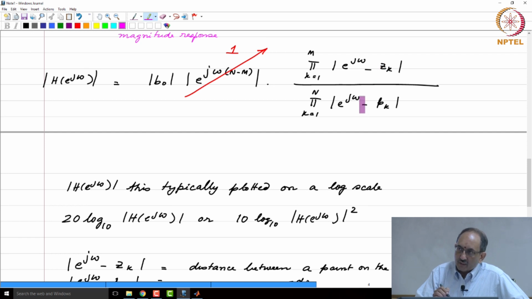Similarly, for the same point on the unit circle, find the distances to each and every pole, and you take the product of all such distances, and the ratio of these two numbers is the magnitude frequency response at that particular frequency. And this point on the unit circle will vary from 0 to 2 pi.